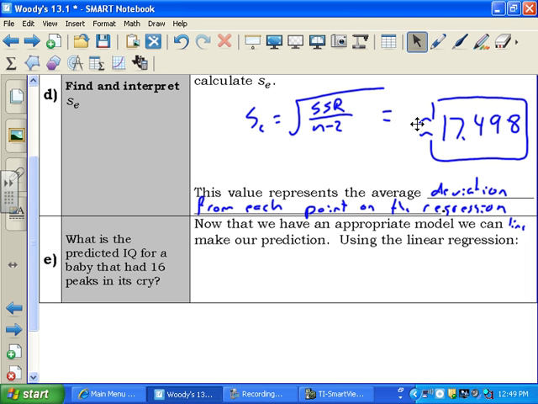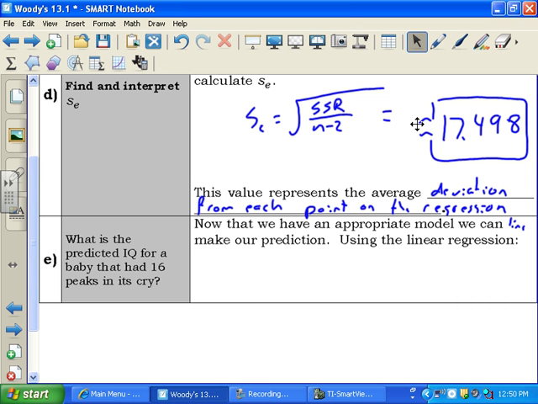How do we do that? You plug it into the original formula. You plug it in for x in your least squares regression line model. Y equals a plus bx. Yes, that thing that we've all been talking about all day long. A was 91.4683.